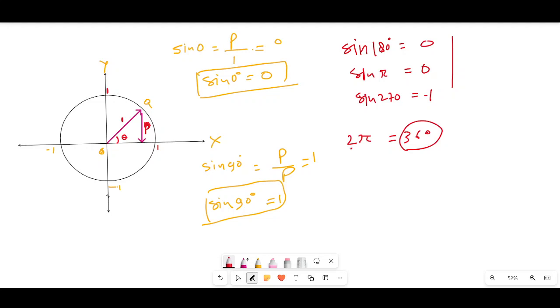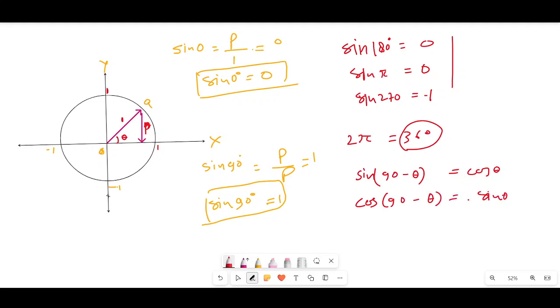So there are many formulas. First we use sine 90 minus theta. In the first quadrant, sine 90 minus theta will be the value of cos theta, and cos 90 minus theta is sine theta.